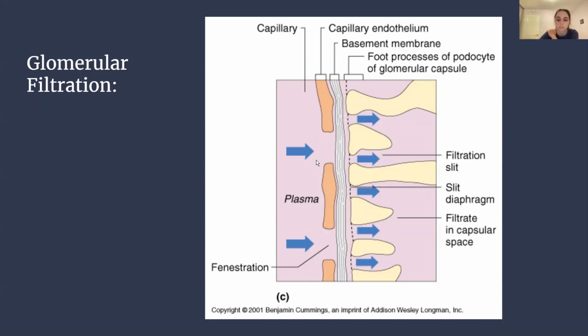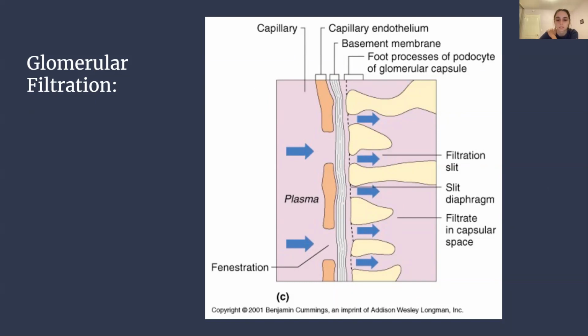These are large pores. And after that, they go through these filtration slits on the capsule side. So blood is first filtered through these fenestrae, and then through the filtration slits, and then enters the interior of the capsule. This is glomerular filtration.